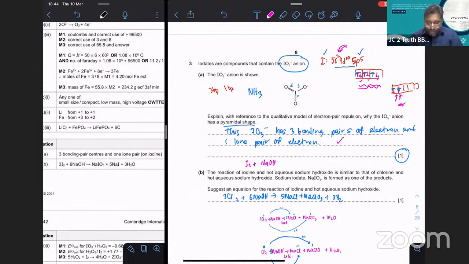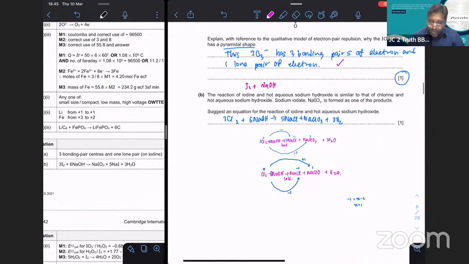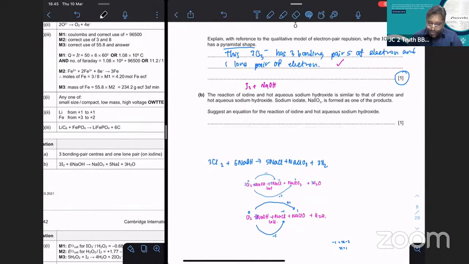Now the reaction of iodine and hot aqueous sodium hydroxide is similar to chlorine and hot aqueous sodium hydroxide. So now you need to write the equation for the reaction of iodine and hot aqueous sodium hydroxide.